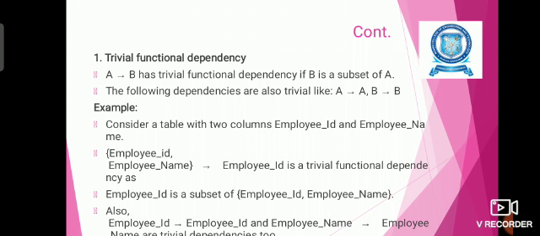We are considering the employee table with two columns, employee ID and employee name, and the functional dependency employee ID, employee name implies employee ID. It is a trivial functional dependency because employee ID is a subset of the joined composite attribute employee ID, employee name.